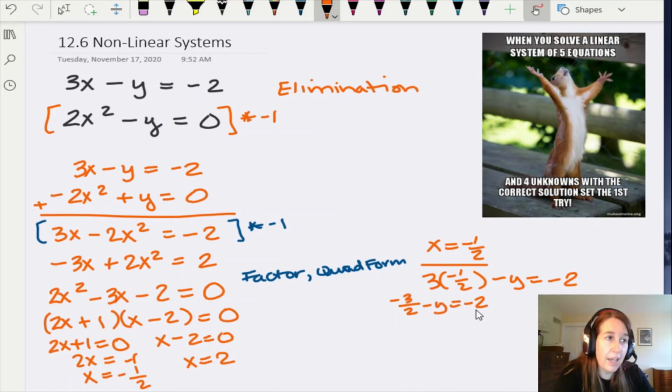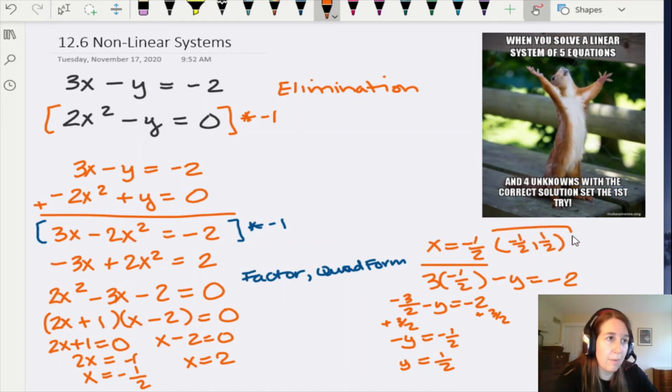Let's add 3/2 to both sides. I'm going to do this in my head, I think. So negative y equals, this is negative 2, this is positive 1/2, so that's negative 1/2. Divide by a negative, so y is equal to 1/2. That is 1 point on our graph, negative 1/2, comma 1/2.